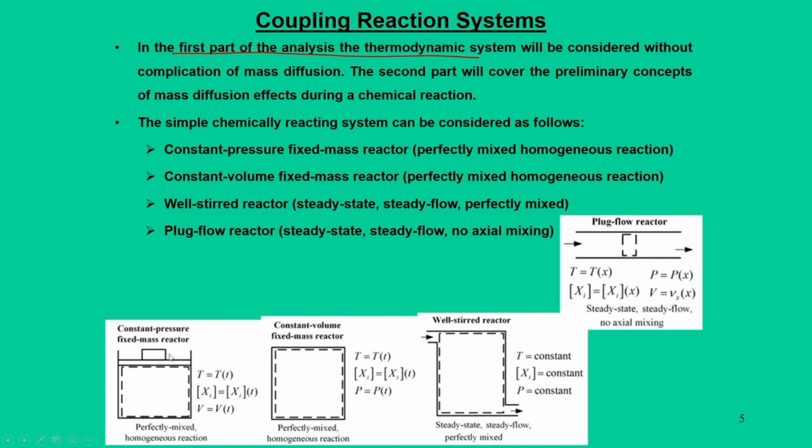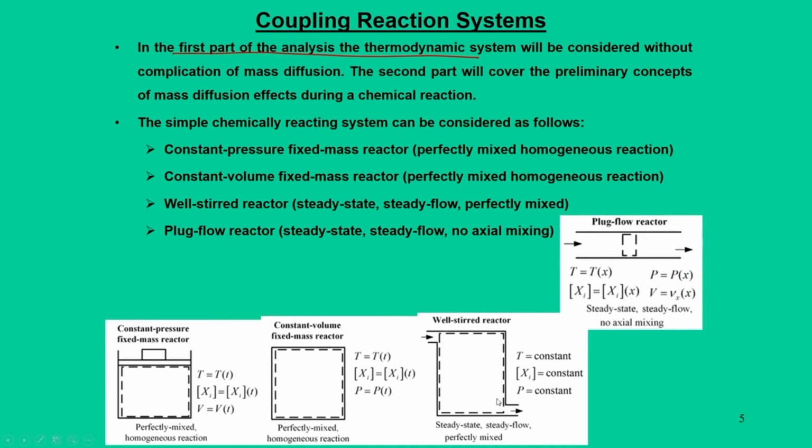When you deal with the constant pressure or constant volume reactor, we try to see how temperature changes with time, how concentration changes with time, and in a constant pressure reactor we see how volume changes with time. In a constant volume reactor we have the same things, temperature and concentration changing with time, but at the same time we look into how pressure changes with time.